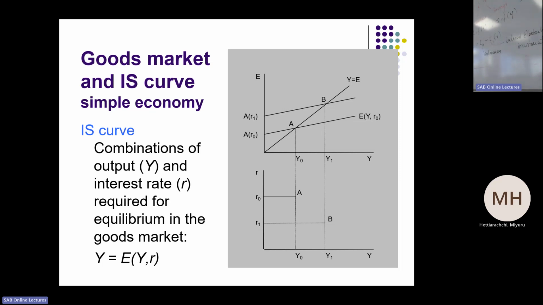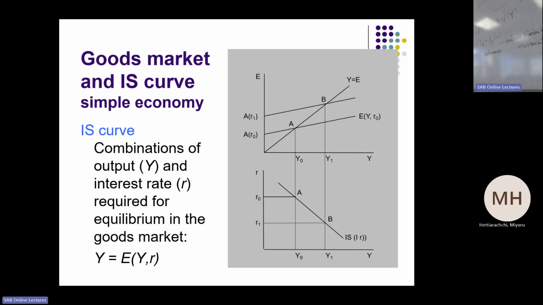This is the Keynesian cross, with aggregate demand and aggregate supply. The IS curve is downward sloping. Any point on the IS curve represents the goods market equilibrium, where aggregate demand equals aggregate supply and injections equal withdrawals. Based on that, we derive the IS curve.